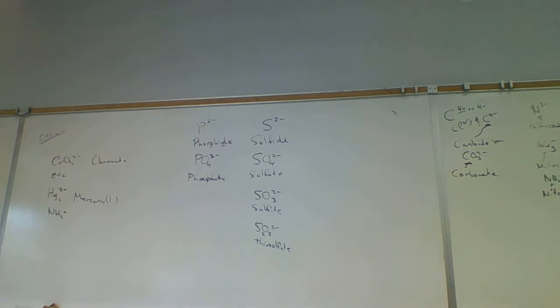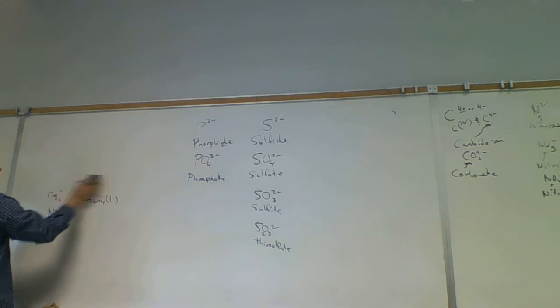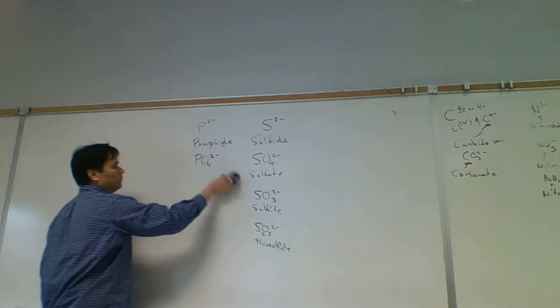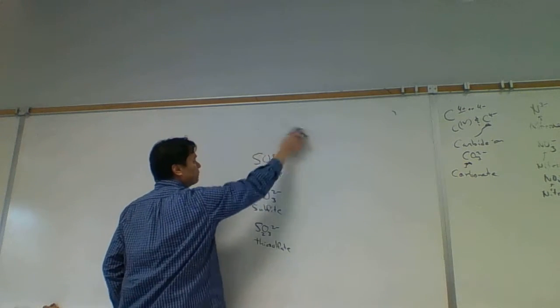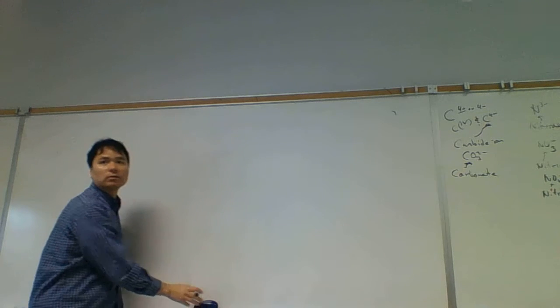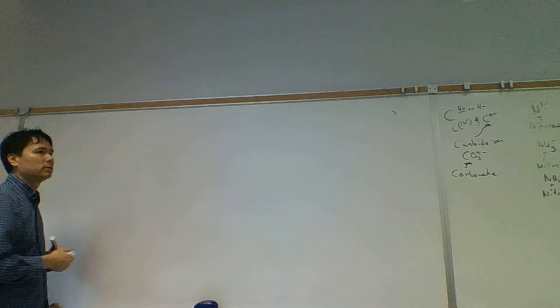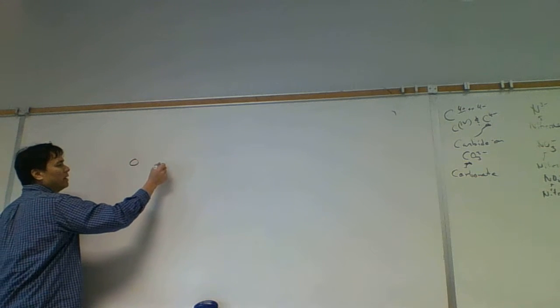It's going to consist of chromium and oxygen in a certain ratio. If it's a crystal, then we call it a crystal lattice. And a crystal lattice, does it have a distinct end or no distinct ending? No distinct ending.